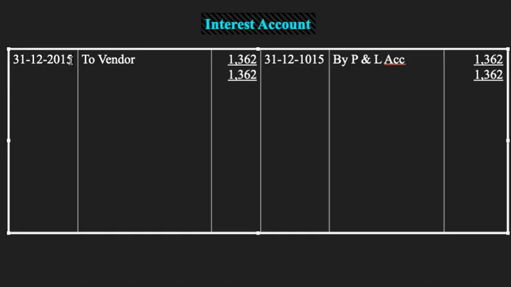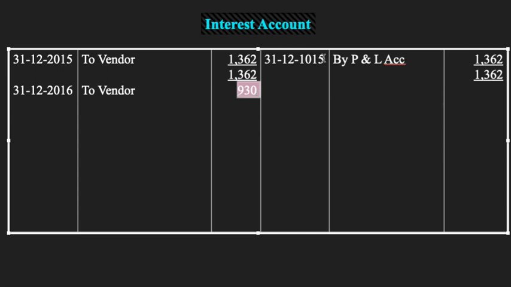So the same interest applies for the next year also, that is 31st 12 2016. It will again be to vendor. How much is it? If we see from the information which I have recorded there, it is 930 for the second year. So 930 is the total interest amount for the second year.